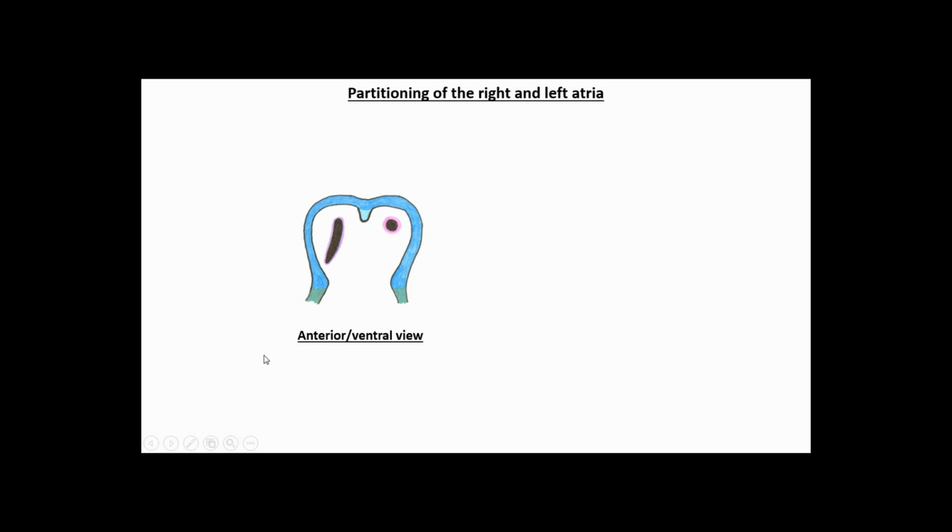Now, the next step is the most complicated step, and that's going to be how we get a right and a left atrium from our primitive atrium, or primordial atrium. Either one's acceptable. So what we're doing now is looking at it from an anterior view. In blue, we've got the primordial atrium. We've got it right here, and we've got a couple things entering it.